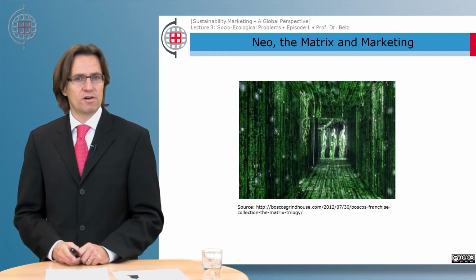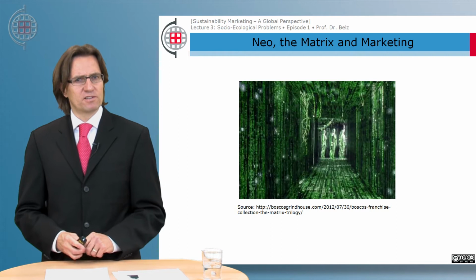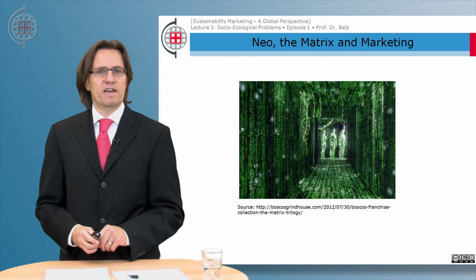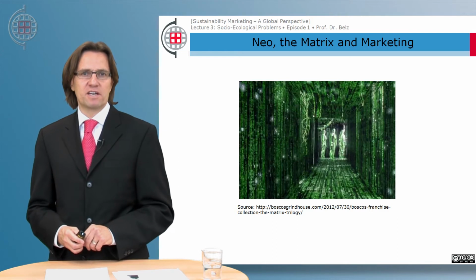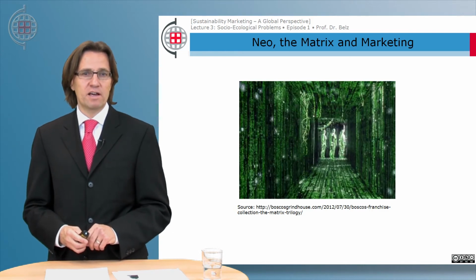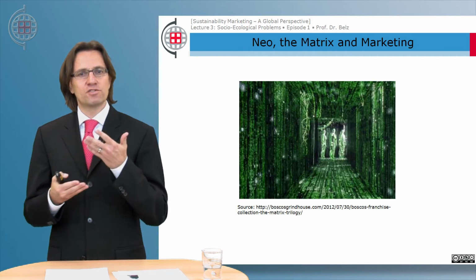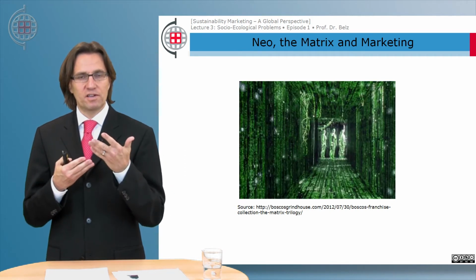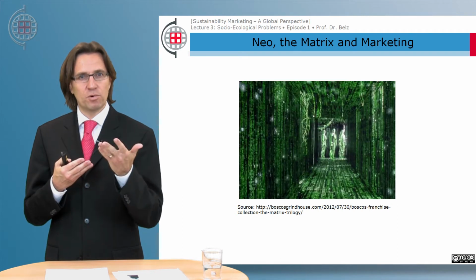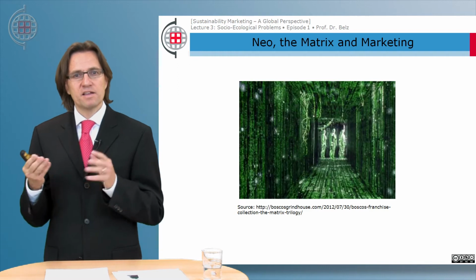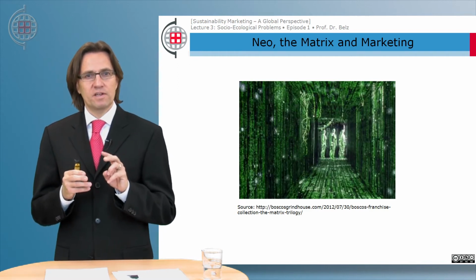Some of you probably know the famous Hollywood movie, The Matrix. What is The Matrix all about? Well, it's a very nice action movie featuring Keanu Reeves. But the underlying meaning of the movie is about two different worlds. It is about the artificial world of computer simulation and the real world.